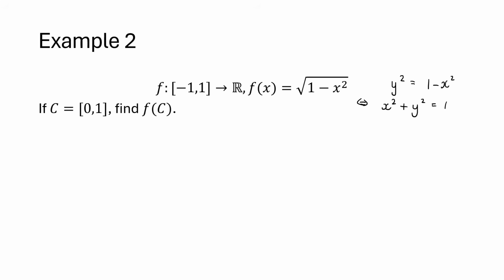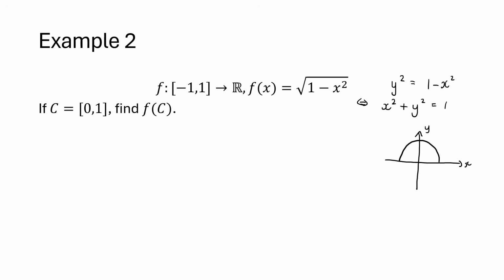So we are dealing with a circle centered at the origin, with radius 1. But we do have a restriction. Originally, we said y is the positive square root of 1 minus x squared, meaning y is not negative. This means we exclude the lower half of the circle. We are only looking at the upper semicircle, radius 1.